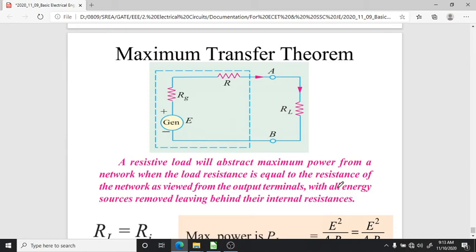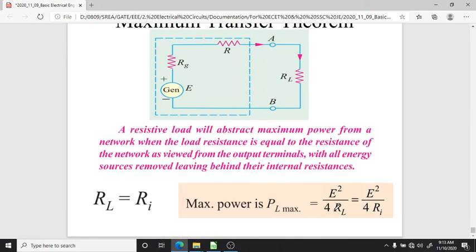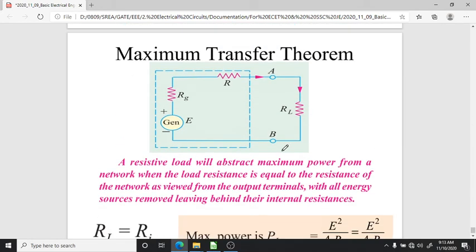Okay, for this the condition is, we'll see. Suppose this is a generator where the internal resistance is Rg, the series resistance is R and the load resistance is RL. The theorem says that a resistive load will extract maximum power from a network when the load resistance is equal to the resistance of the network as viewed from the output terminals.